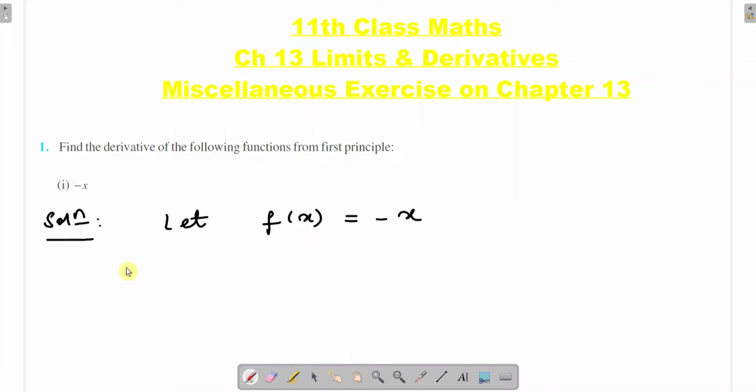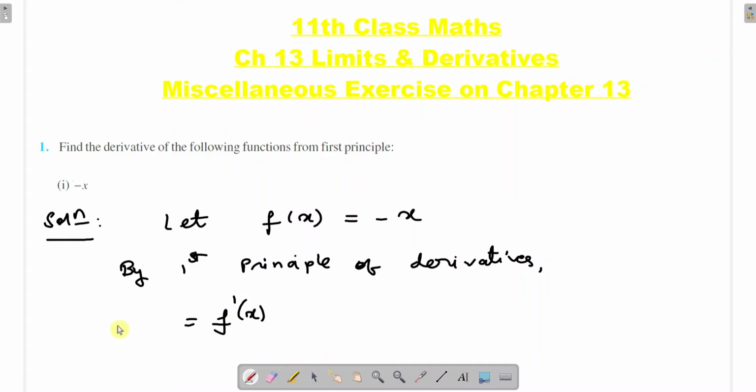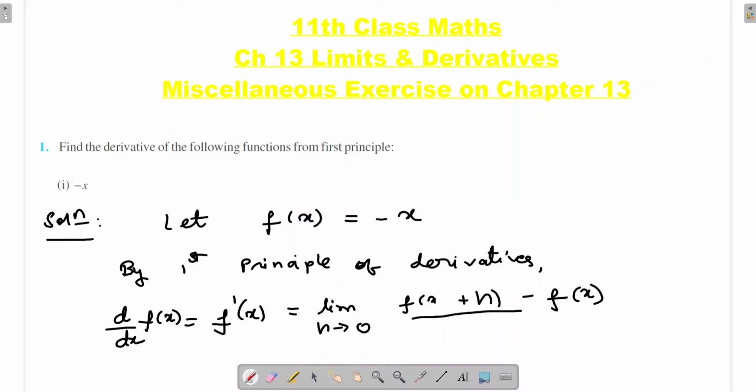Now by first principle of derivatives, we have f prime of x, or this is also written as d by dx of f(x), that is the derivative of f(x), is equal to, this is the formula, limit h tends to 0 of f(x plus h) minus f(x), and that is divided by h.